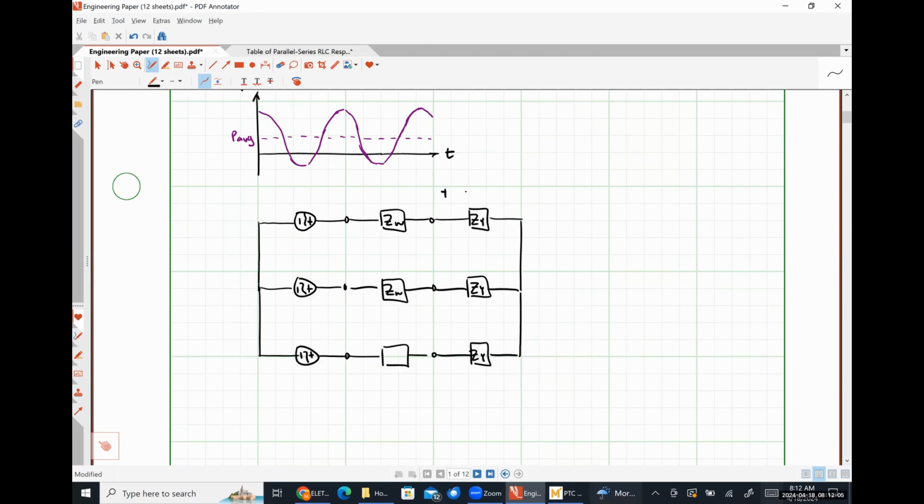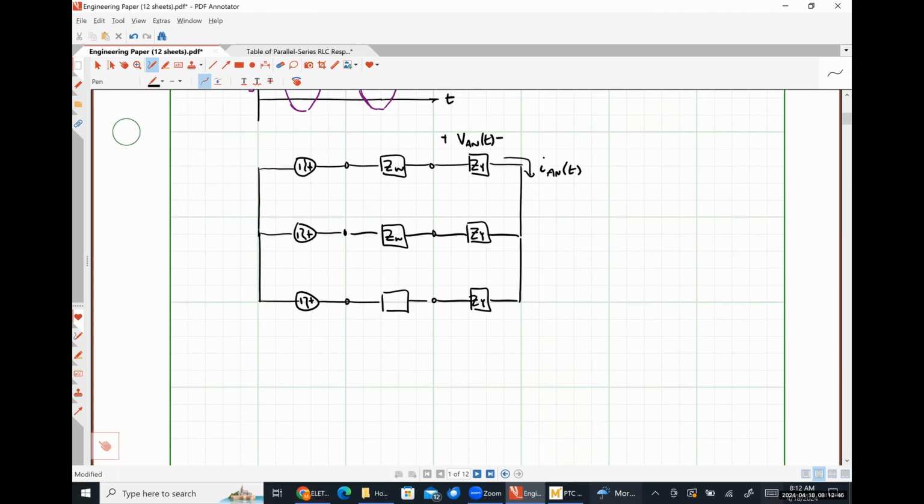The voltage drop across each phase of our load as a function of time would be VAN of t. And our current flowing in would be IAN of t. And our B and C phase would also have some associated time varying voltage and current flowing through them, right? If there's time varying voltage and current flowing through the A phase, then there has to be a time varying voltage across and time varying current flowing through the B and C phases as well. Not drawing them on here just because it would make the diagram too busy.